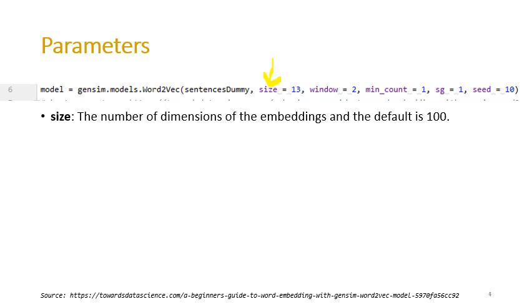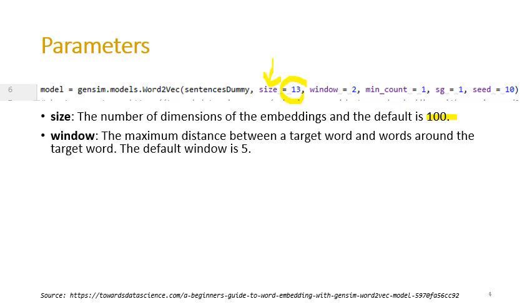For example, when I say 13, it means that each word will be represented by a vector of 13 real number elements. If you don't specify the number, the default is 100, meaning Gensim word2vec will create a vector of length 100 to represent the words.